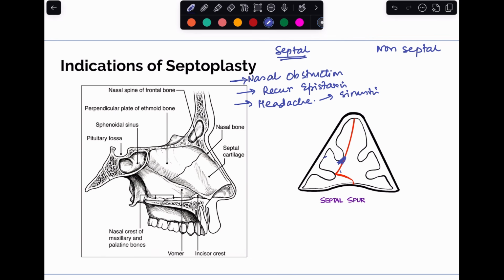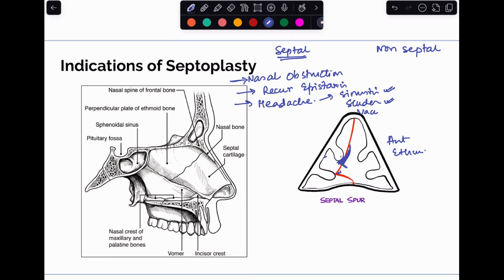So one of the reasons for headache in these cases would be sinusitis. Second is Sluder's neuralgia. Let's look at the spur over here. Let's imagine the spur is on the upper part. If this spur is impinging on the middle turbinate, as I had mentioned earlier, it will compress the anterior ethmoidal nerve. If that happens, the patient will have this neuralgic-like pain. So in Sluder's neuralgia also we'll see headache.